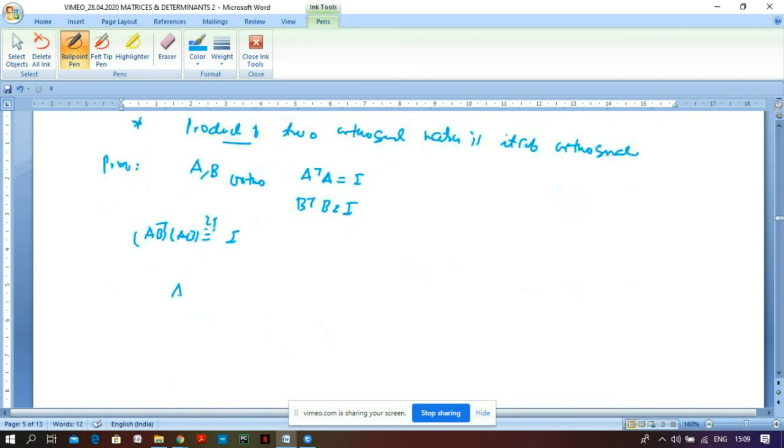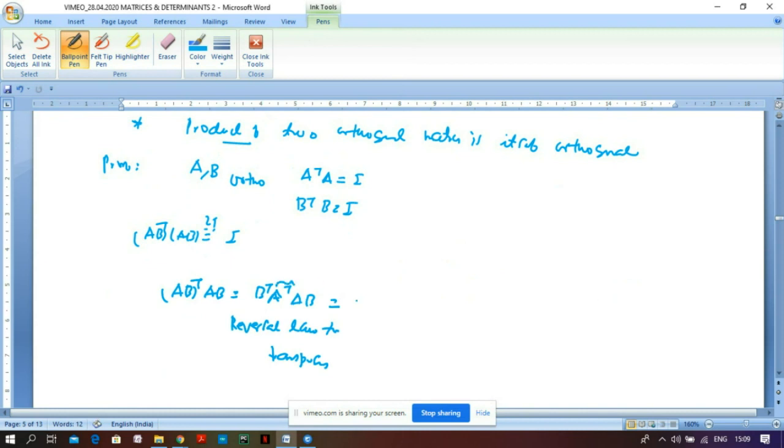We'll do it now. So consider (AB) transpose times AB. (AB) transpose we can write as B transpose A transpose, which is called the reversal law for transposes. So B transpose A transpose, and then AB.